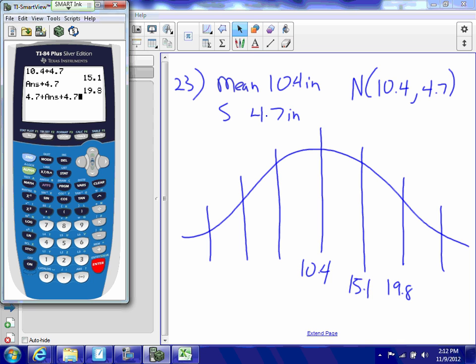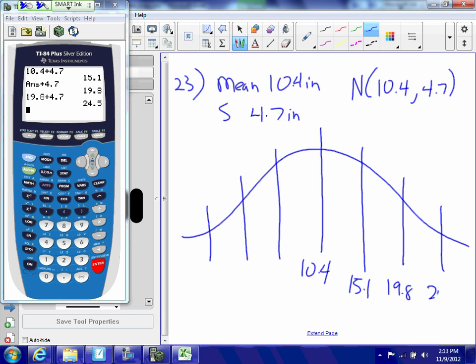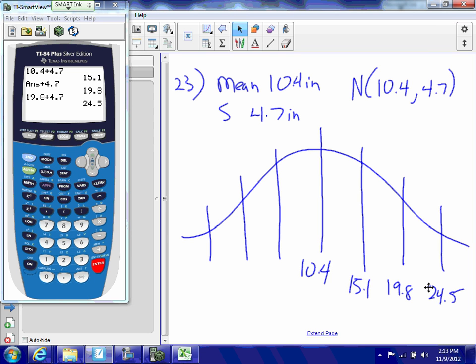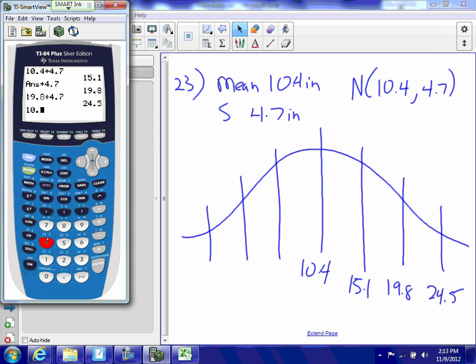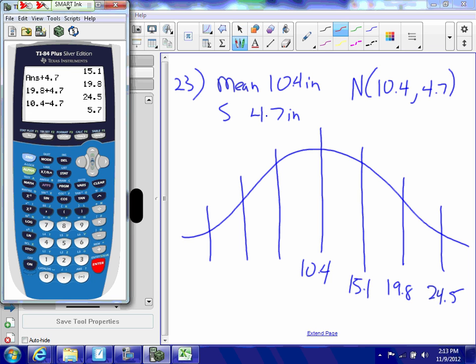No, this is wrong. I'm going to go 19.8 plus 4.7. That's better. So I have 24.5 for way out here, the big trees. Then I have 10.4 minus 4.7. So my first standard deviation lower is 5.7.